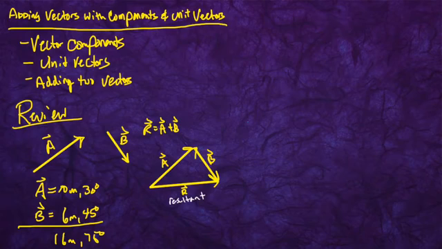Therefore, our new vector is 16 meters and 75 degrees. That is not the way to do it. Please don't do that. Are we clear? Okay, if you do that, you will receive no credit on that problem.